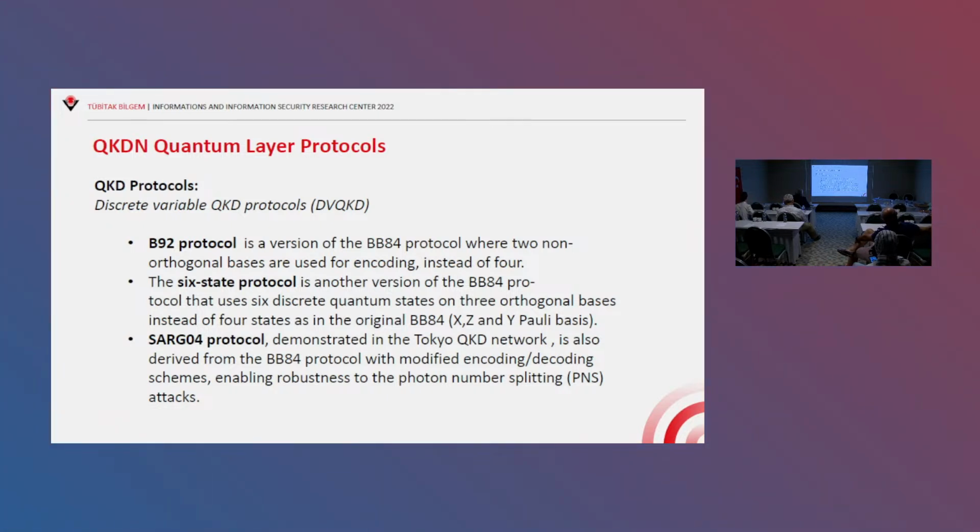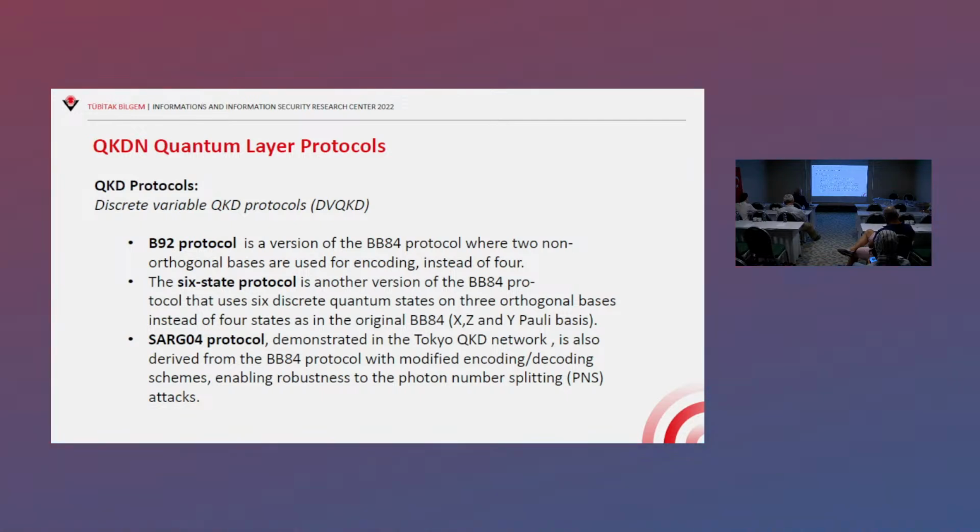Or in the case of the six-state protocol, as we remember, the Bloch sphere that we have seen at the beginning of the talk has six antipodal locations, so it's possible to use all six states instead of four states to transmit information at a higher rate.